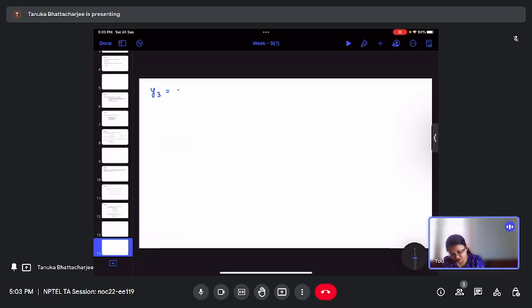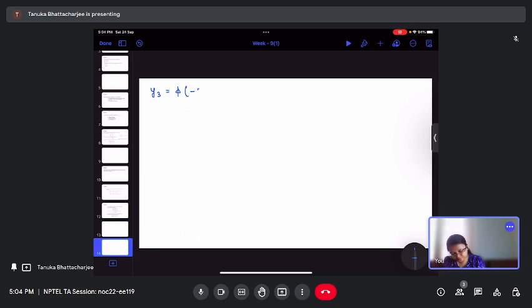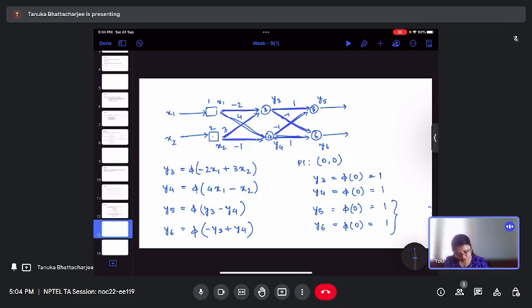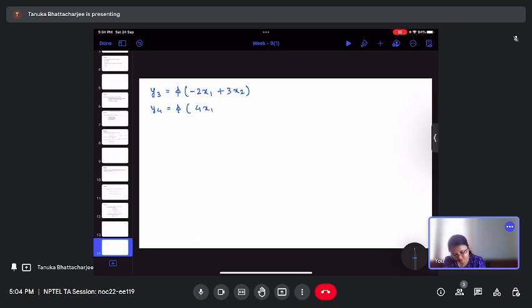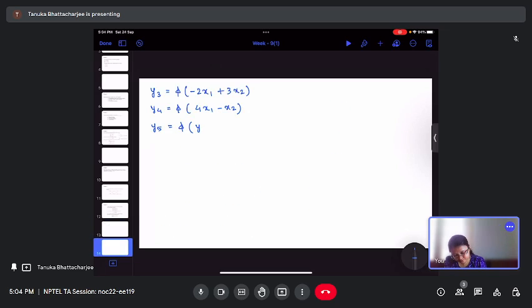So y3 is phi of minus 2x1 plus 3x2. y4 is phi of 4x1 minus x2. y5 is phi of y3 minus y4. And y6 is phi of minus y3 plus y4.